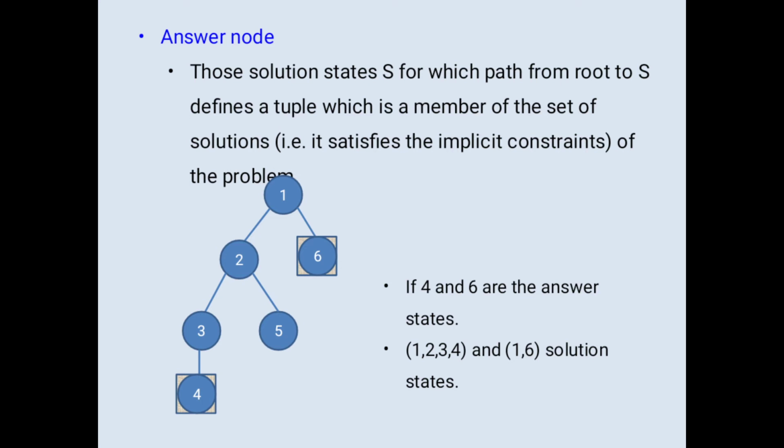Those solution states, yes, for which the path from root to yes is defined. The solution states are represented by yes. The path means traversing, traversing to solve the problem. So the path from root to yes defines a tuple, which is a member of the set of solutions.